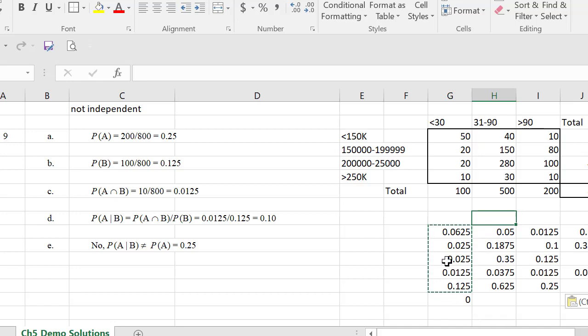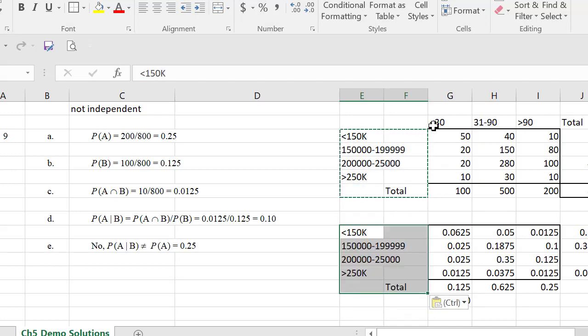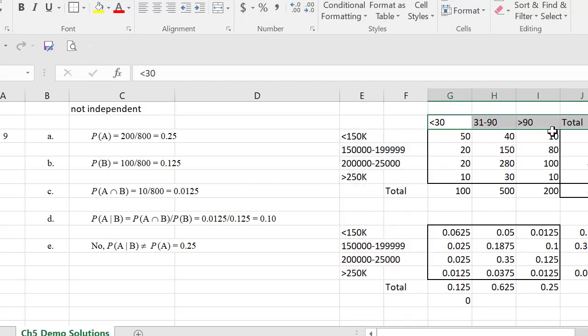And that's our probabilities, our joint probabilities and marginal probabilities. Can copy this. And now I can answer questions.